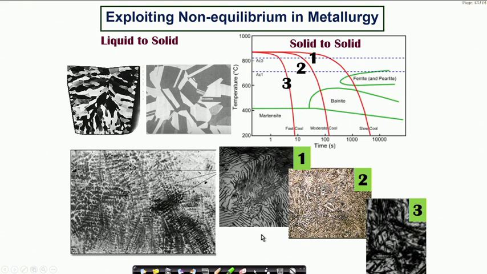And simply going by the mechanical property, one easily can understand that mechanical property would significantly differ from 1 to 2, 2 to 3, just because of differences in microstructure from the same composition of the same alloy.